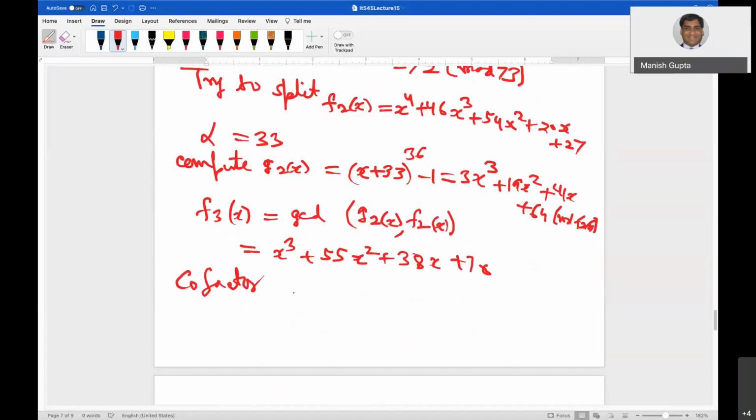The cofactor will be f2 of x divided by f3 of x, which turns out to be x plus 64, a linear factor. It's a non-trivial factor, right?